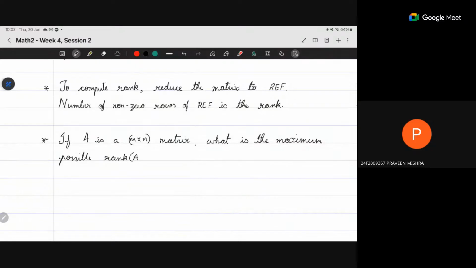So minimum of M comma N. The answer is minimum of M comma N. Okay, can you say why it is minimum of M comma N? A quick reason. Yeah, go on.